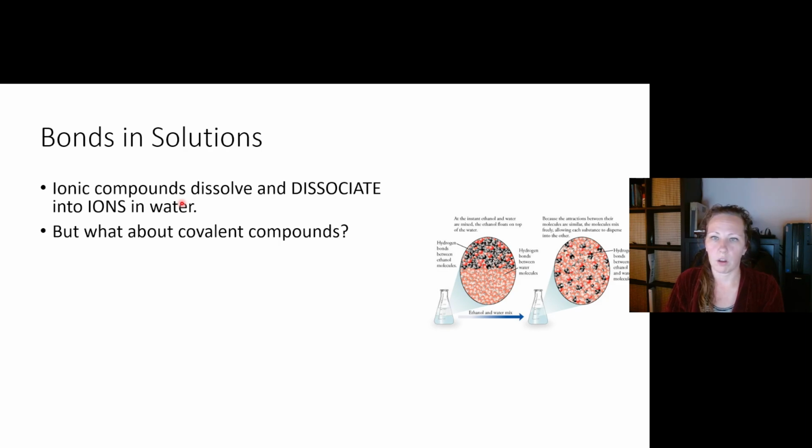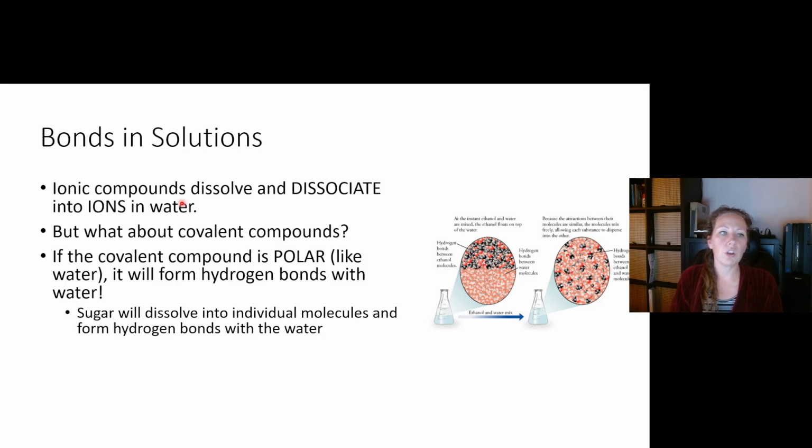But what about covalent compounds? If the covalent compound is polar, like water is polar, then it's going to form hydrogen bonds with water. The same reason that water forms hydrogen bonds with itself, if it comes into contact with another polar molecule, it will form hydrogen bonds with it as well.